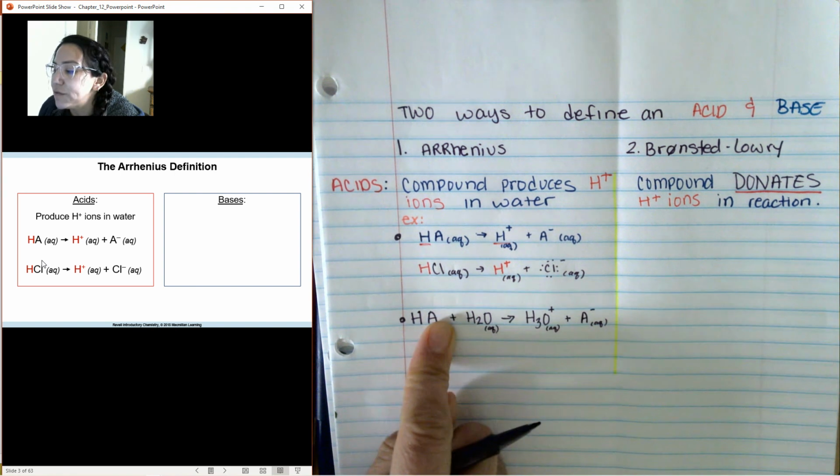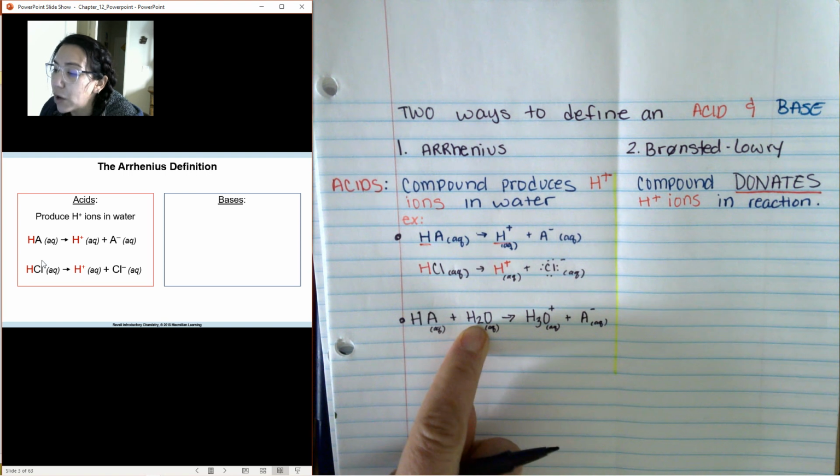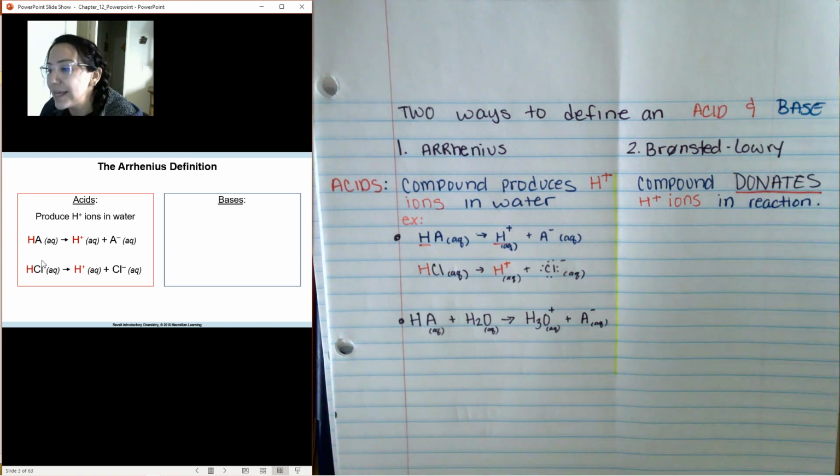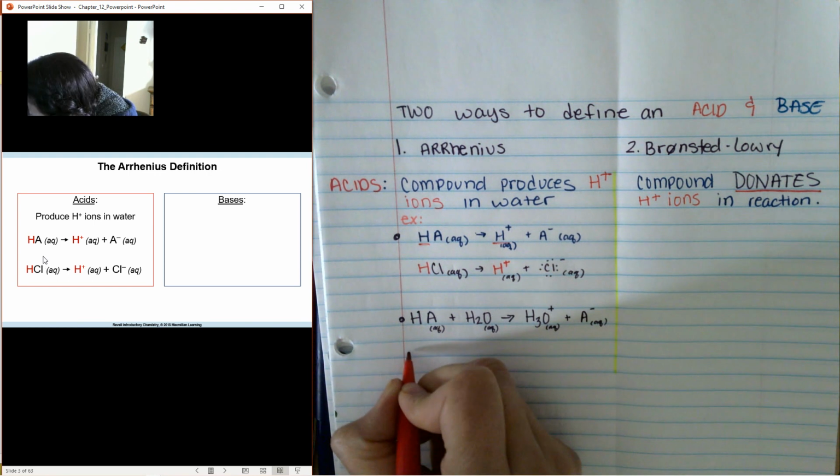The only difference is that this one does not show the water and this one shows the water. They're the exact same reaction, and we're going to show that using the hydrochloric example that we just did.